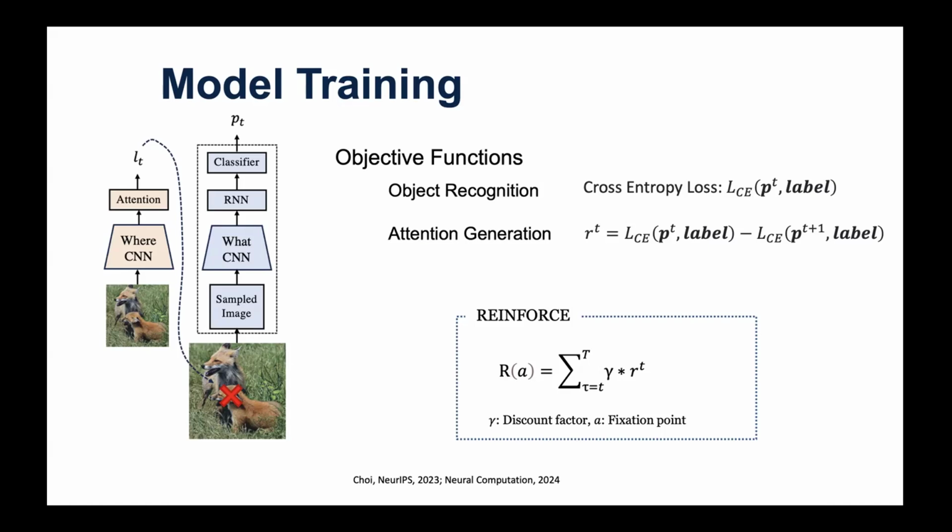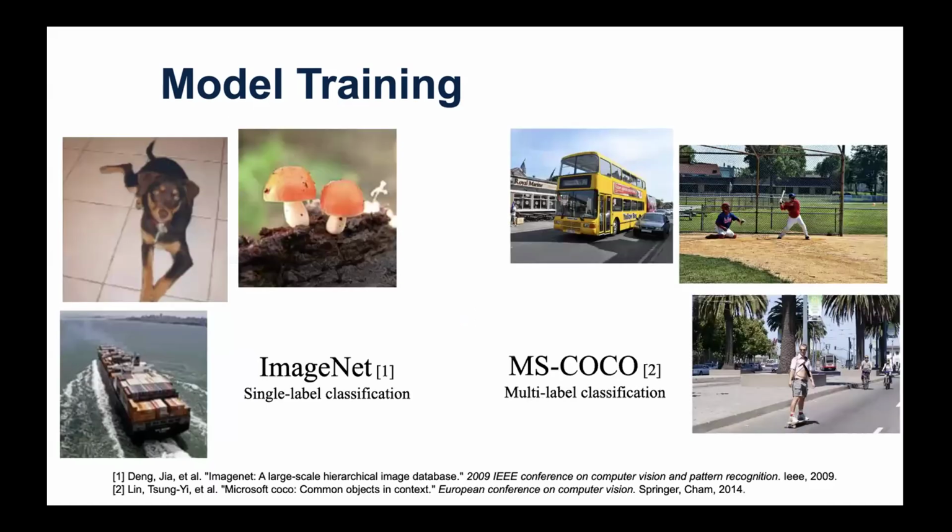So we use reinforcement learning strategies to train this. The where CNN has to learn good fixation points, so that the what CNN will draw useful information and combine that information across as few eye movements as possible to build a scene understanding. All right, and then the model was trained using ImageNet and MS-COCO, one for objects and the other for scenes.